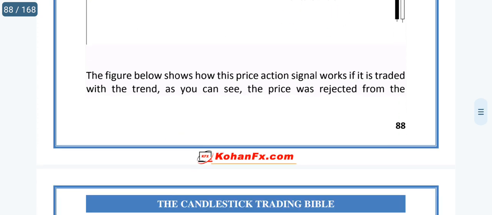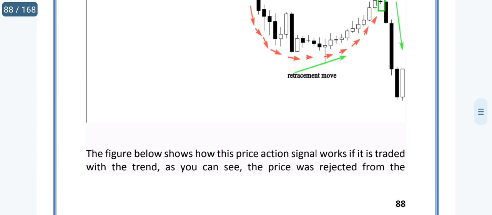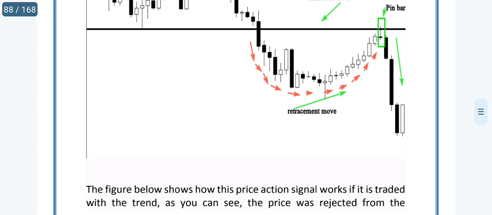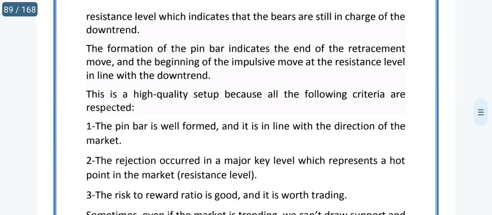So such a figure shows us a price action signal that works if it is traded with a trend, and you can see the price was rejected from the resistance level, which indicates that the bears are still in charge of the downward trend.